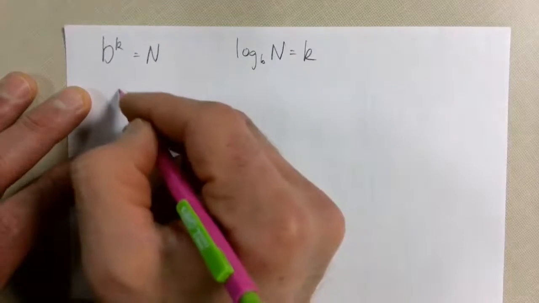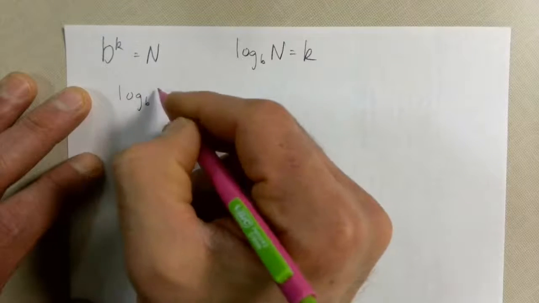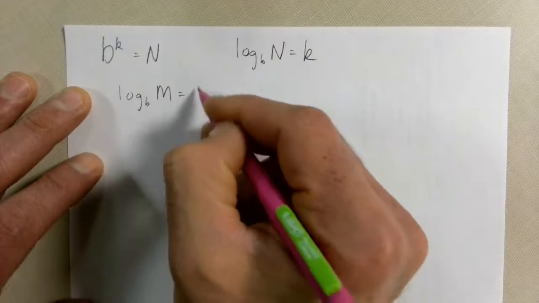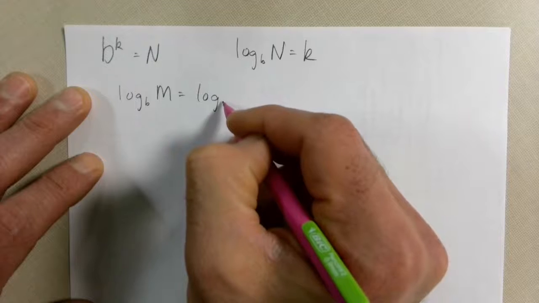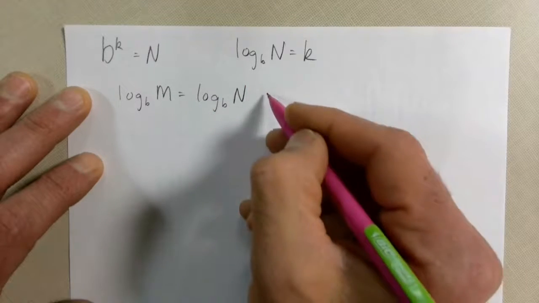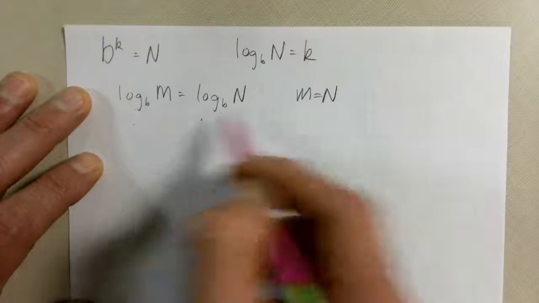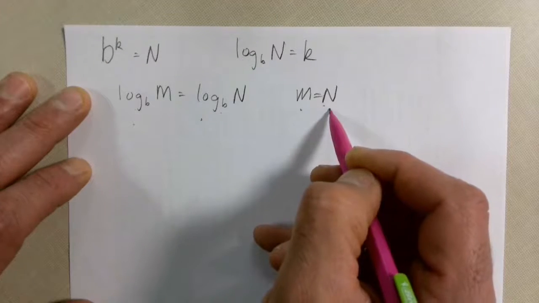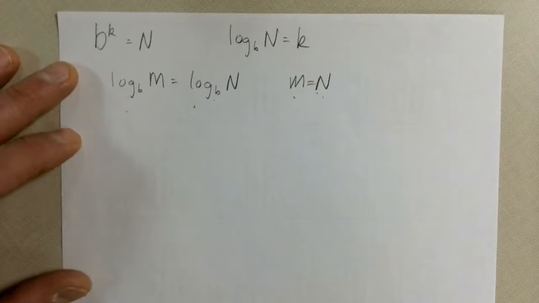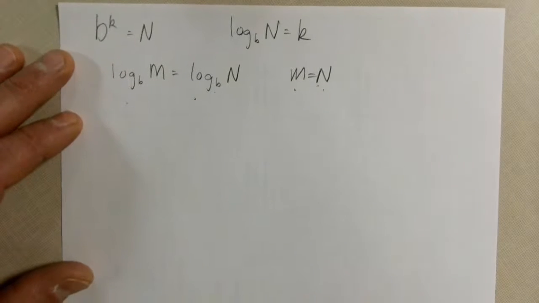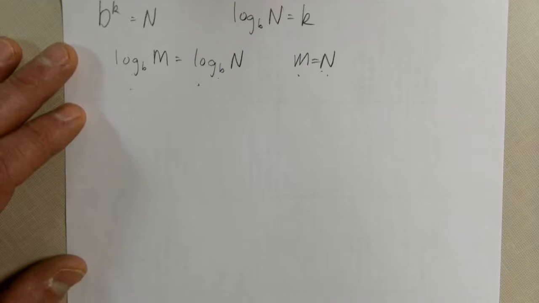That means if the log base b of m is equal to log base b of n, then m equals n. So this is only true if this is true. Because of this, we can start to work with things and come up with some rules.